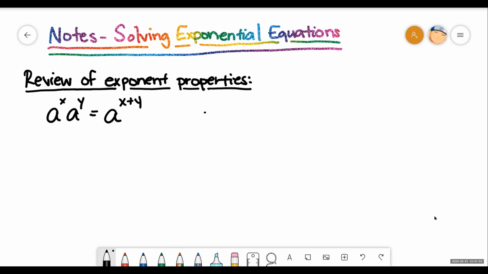Another property we might want to remember is when we have two of the same base being divided, our exponents end up subtracting. So that might be another one that we want to be aware of as we're working through these equations. To continue, we've also got our power to power rule, two exponents that are separated by parentheses. We're multiplying those. Okay, so we've got that one.